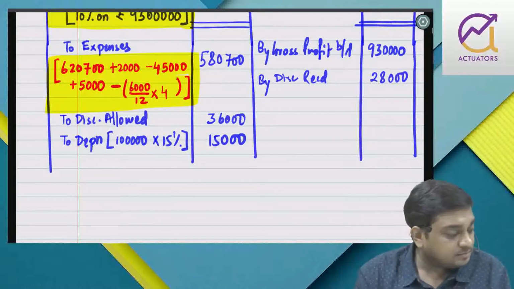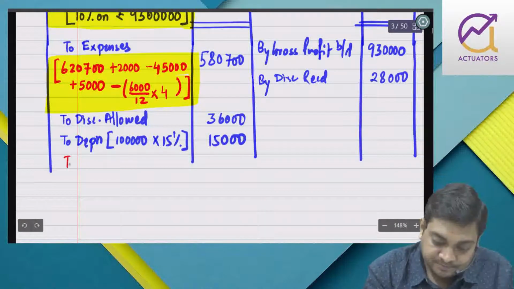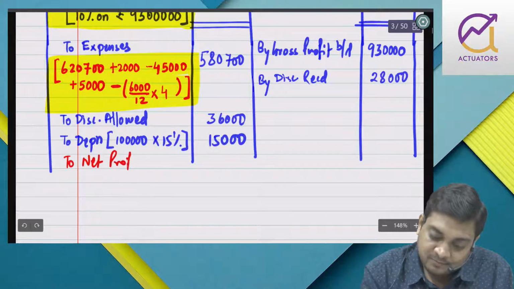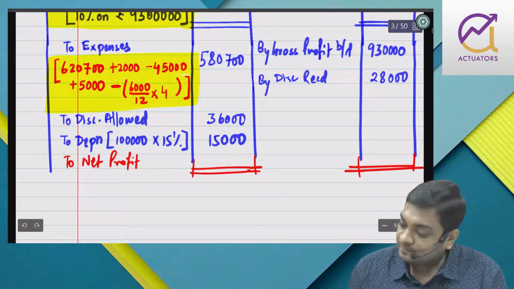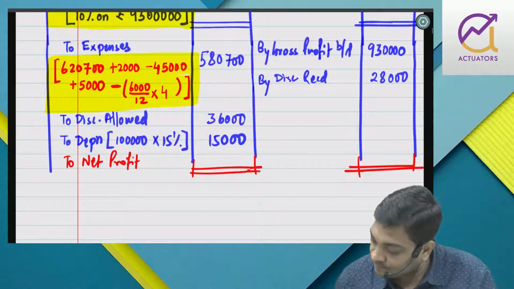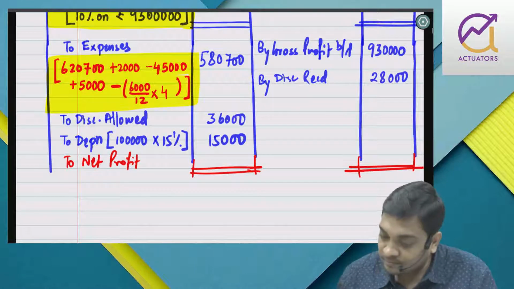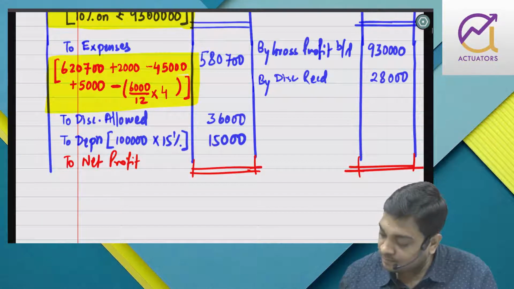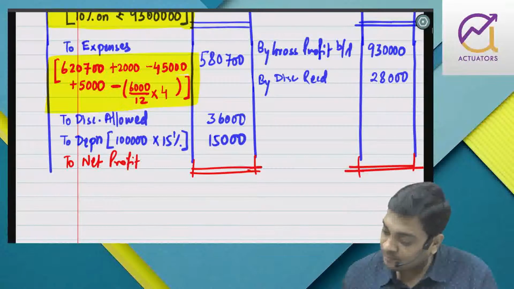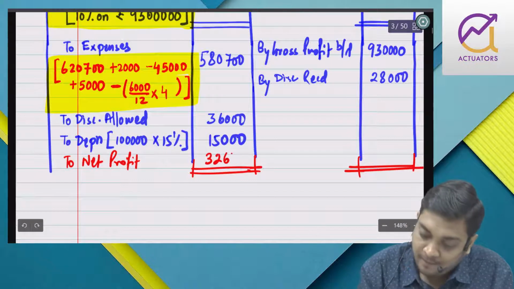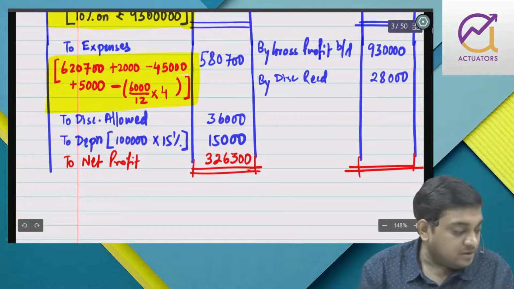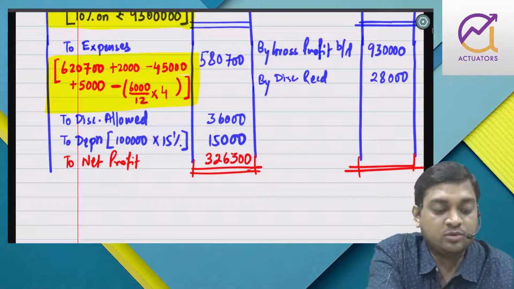That's it. So we get net profit 326,300.